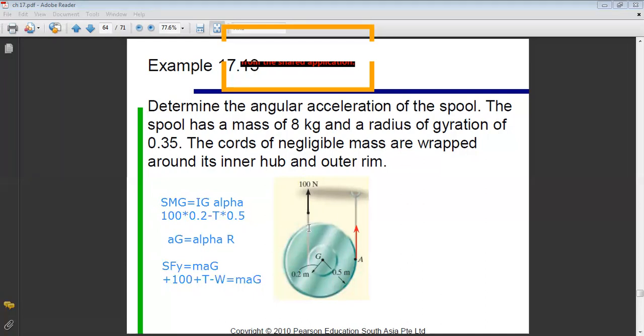You can do this analysis: if I do sum of moment about G, the 100 Newton force is producing a clockwise couple. This clockwise couple will tend to rotate my disk in the clockwise direction, and it will lift my center upward, because when it rotates clockwise, G will go up.